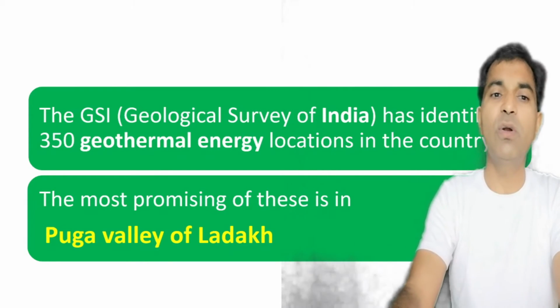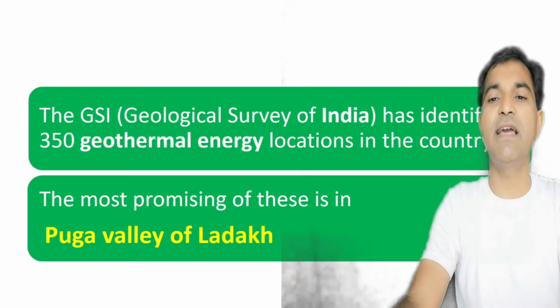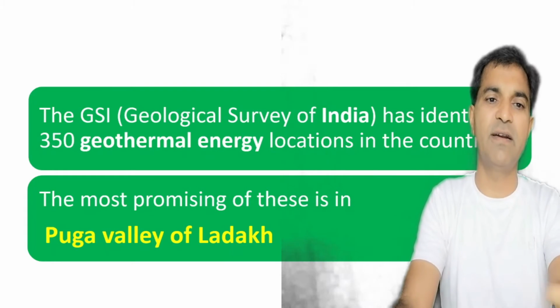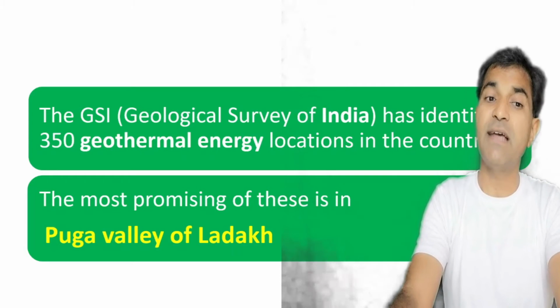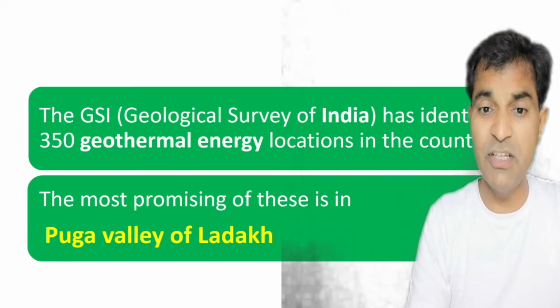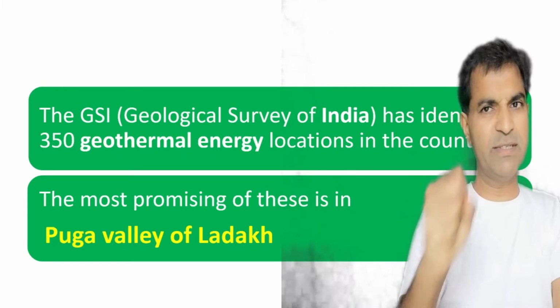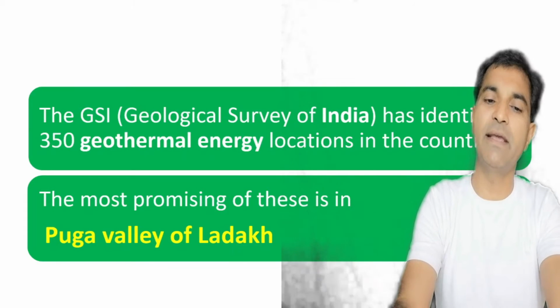The Geological Survey of India, that is GSI, a government body responsible for works related to geology, has identified more than 350 geothermal energy locations in the country. But the most promising of these is Puga Valley in Ladakh.